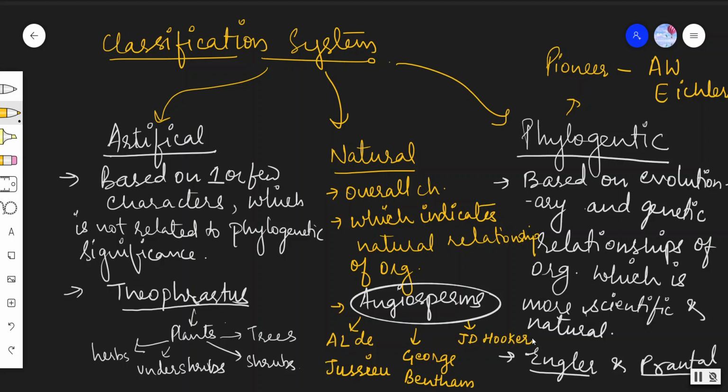Clear? So these are the scientists whose classification systems were used to classify the organisms.